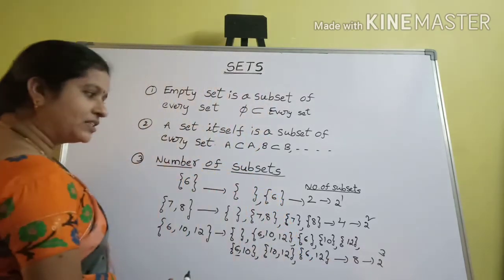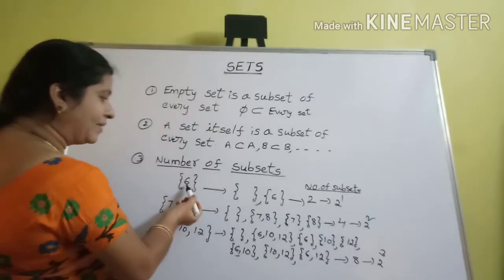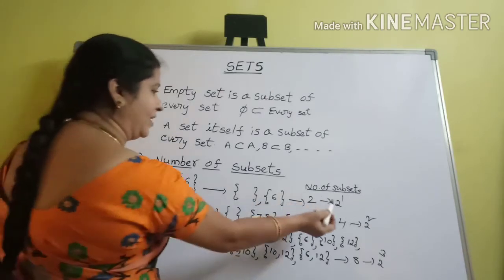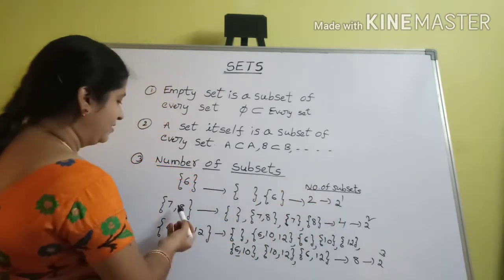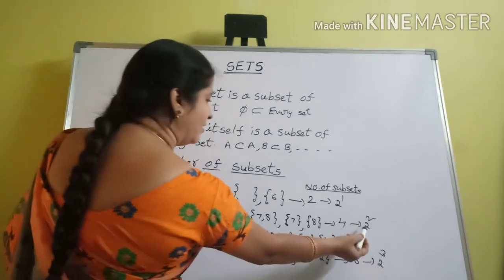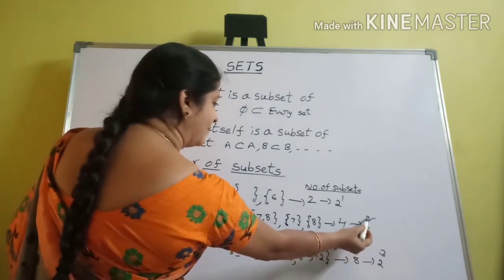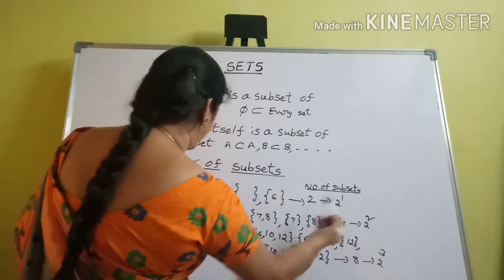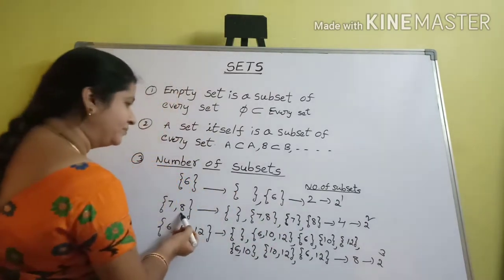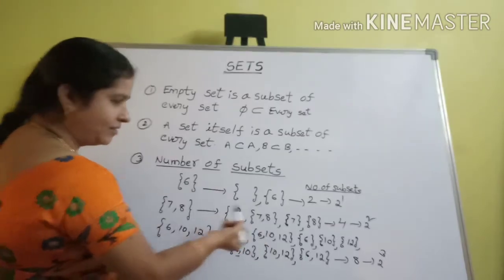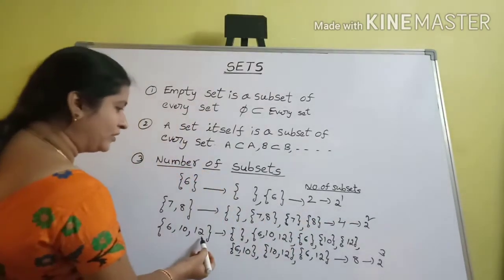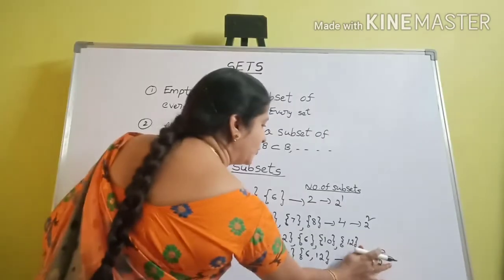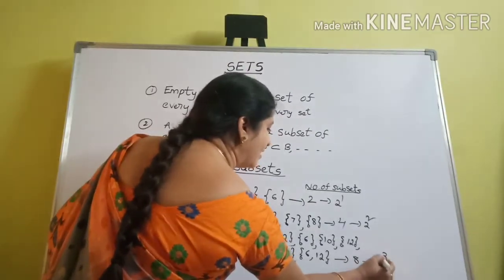So what is the observation here? With n elements, the number of subsets is 2 power n. Here n equal to 3, 2 cube. 2 cube means 2 power n.